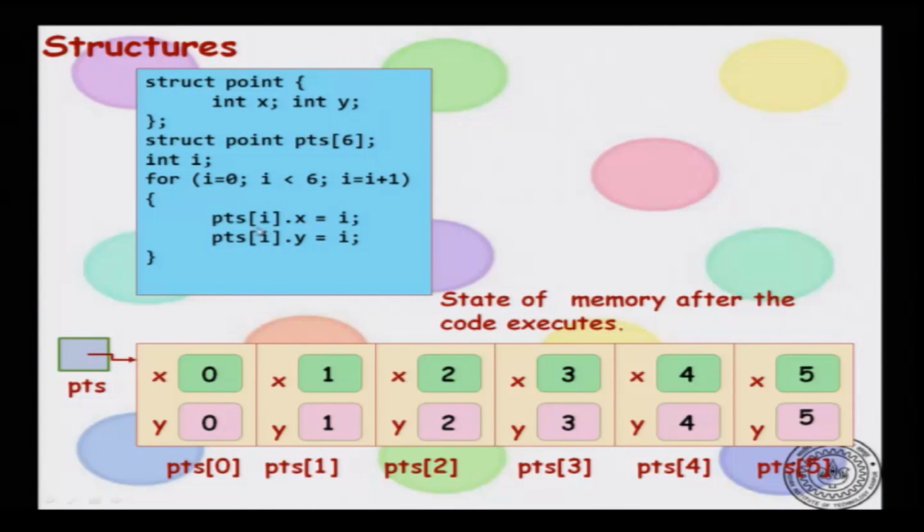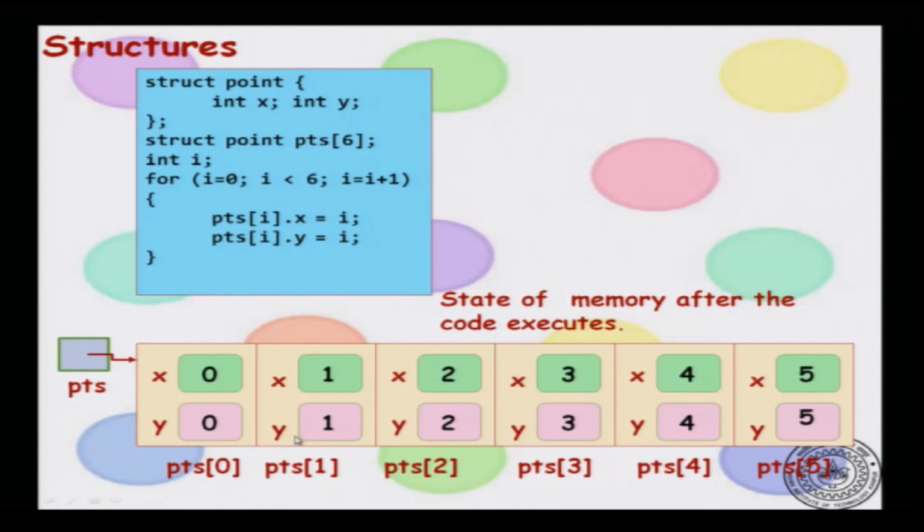So, I can say pts i dot x equal to i and pts i dot y equal to i. Okay. So, at the end of execution of this loop, the result will be of the following form. pts0 is a structure and its x and y coordinate are 0. pts1 is another structure, its x and y coordinates are 1 and so on.